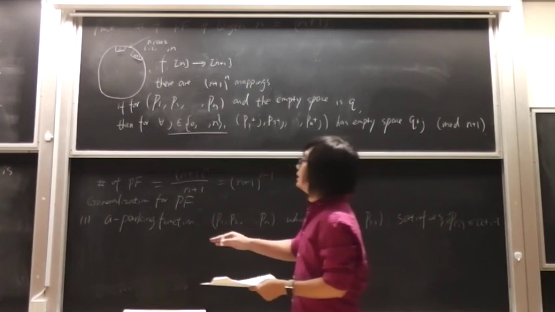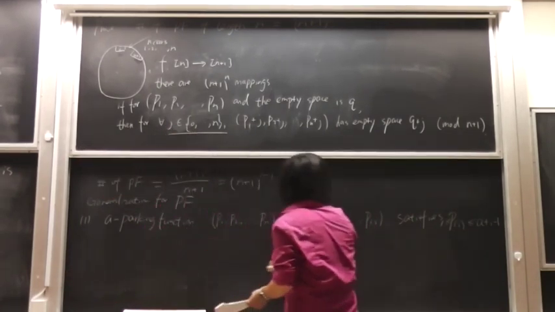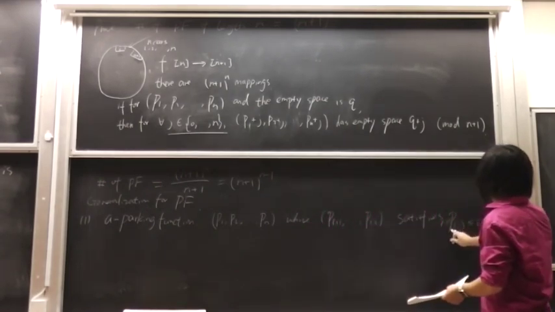So the classical parking function I just mentioned is just one parking function here, because if a is 1, then pi is less than i.